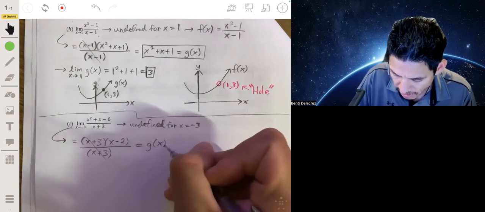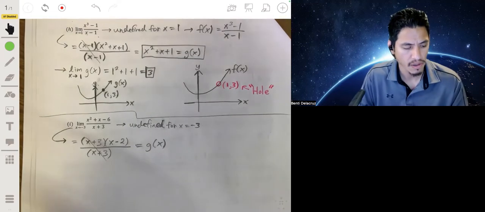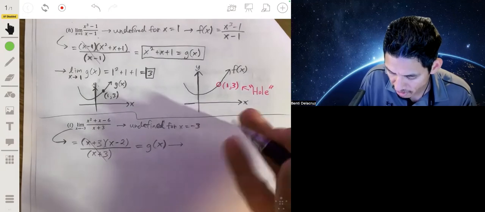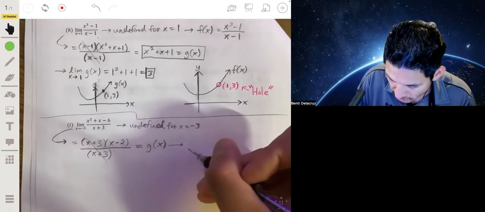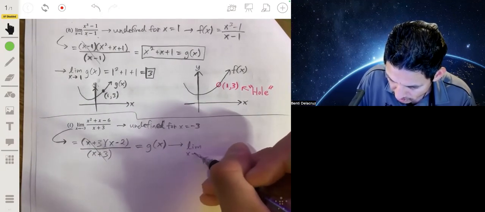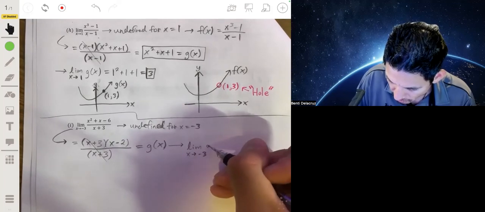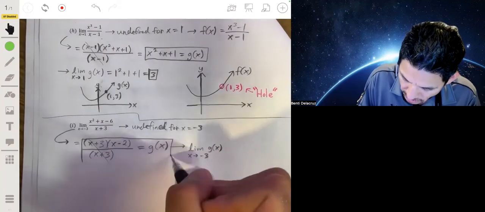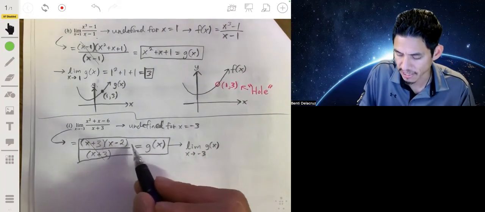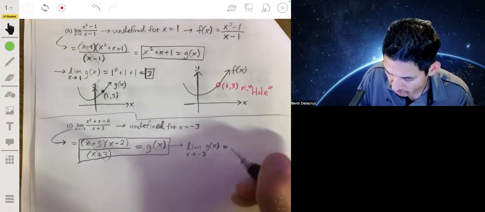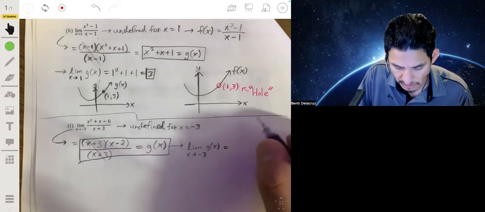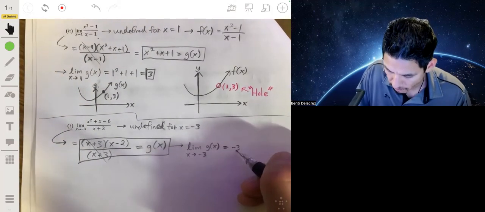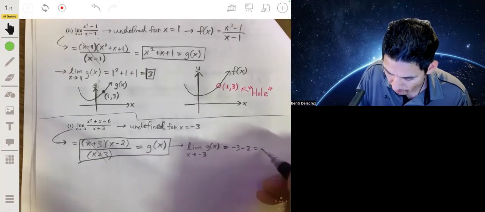Our g of x will be equal to x minus 2. And so now we evaluate the limit of g of x. We find the limit as x approaches -3 of g of x. Remember, g of x will be this equation right here. It's basically just x minus 2. So if we plug -3 into x minus 2, we'll just get -5. -3 minus 2 will be -5.